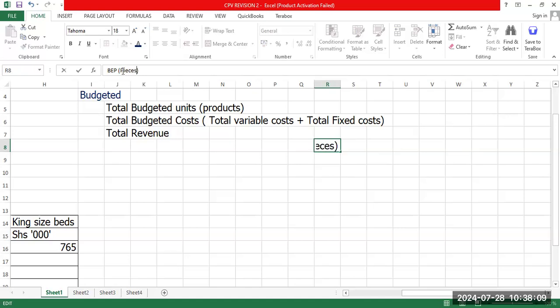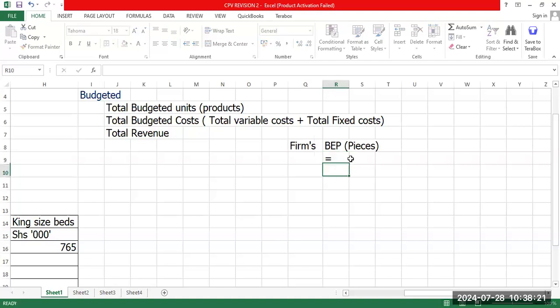The firm's break-even point in pieces will be equal to what? You add the profit after tax. Then this profit after tax, we adjust it by doing what? We get 1 minus t.